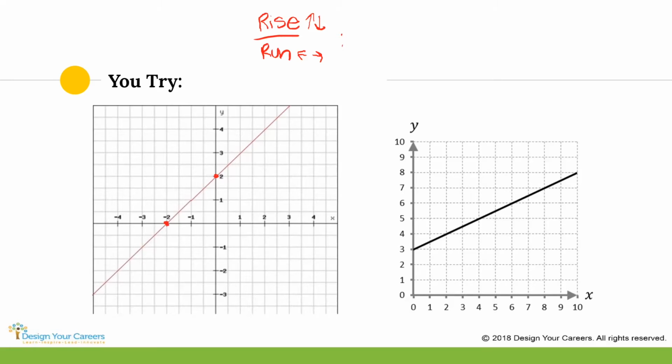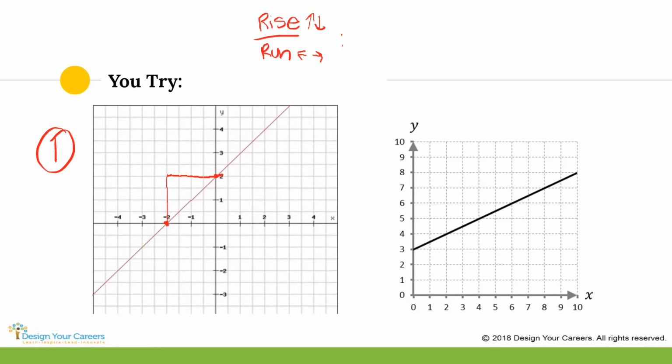All right, so in this case, we are going up, rising 1, 2, 3, 4. We're rising 4, and we are running to the right 1, 2, 3, 4. 4 divided by 4 is 1. So the slope of this graph over here is 1. Good. All right, let's move on to the next one.